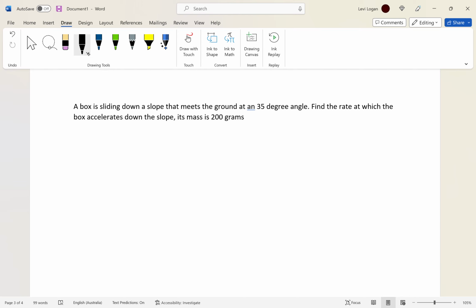Alright, straight at the back, let's draw our incline. That's a terrible line. Alright, so we have a box that slides down, and we have to find how it accelerates. Notice we've been given the mass, but it's in grams. The way to convert to kilograms from grams is to divide by 1,000.